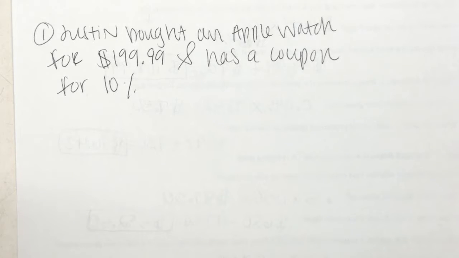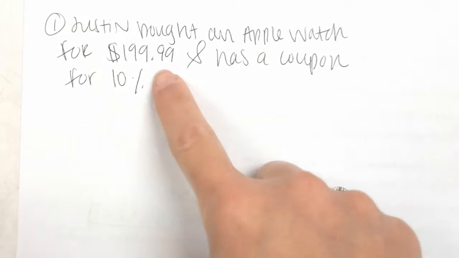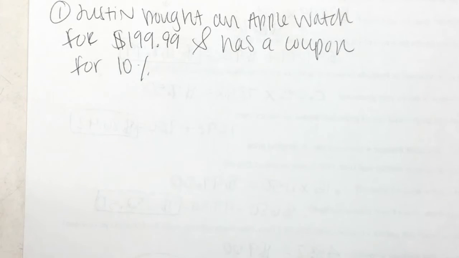Find out what this would be with tax, and then find the discount. Do you think the discount is with the tax already on? Think about it, if you went to Best Buy.